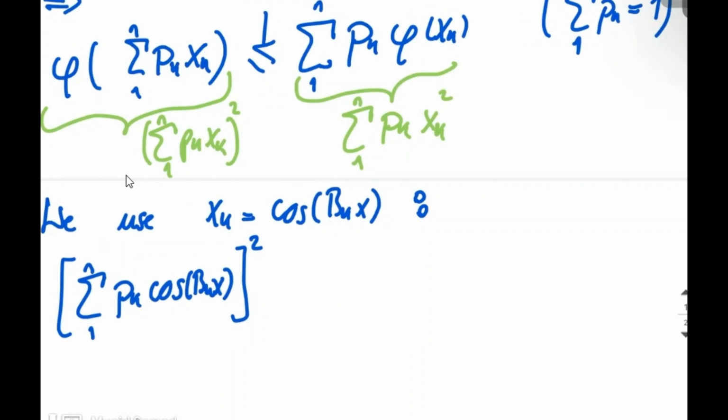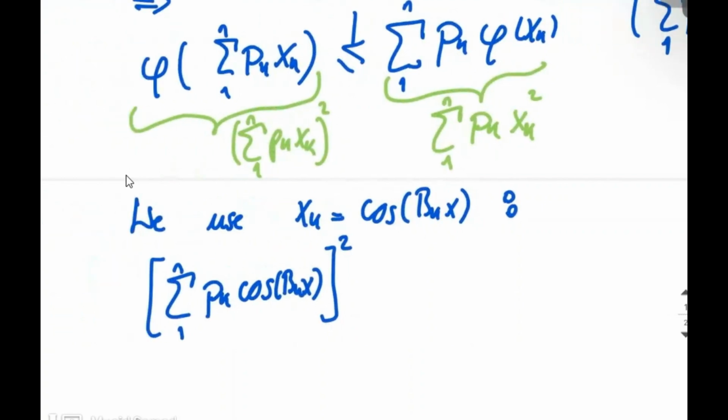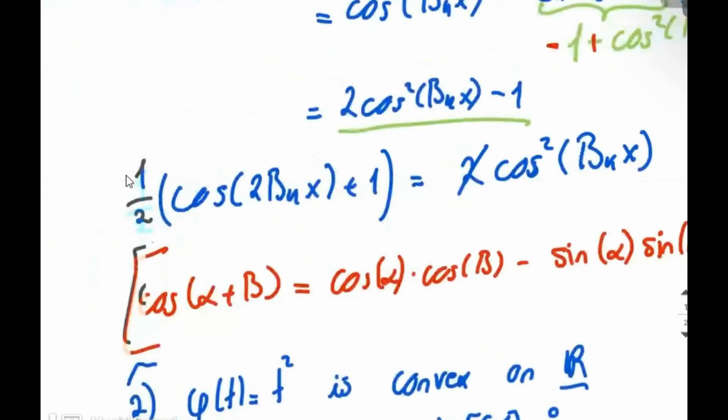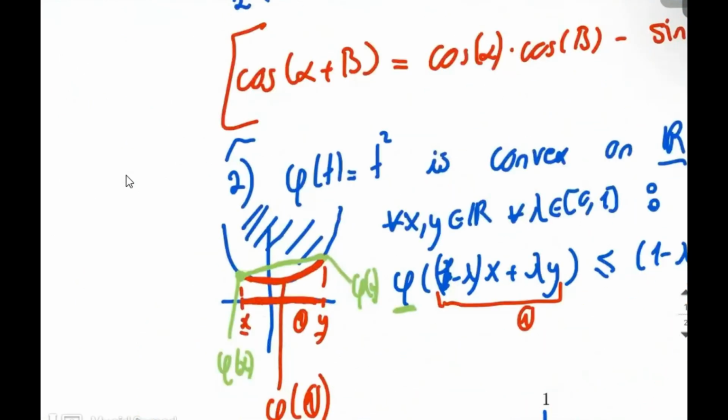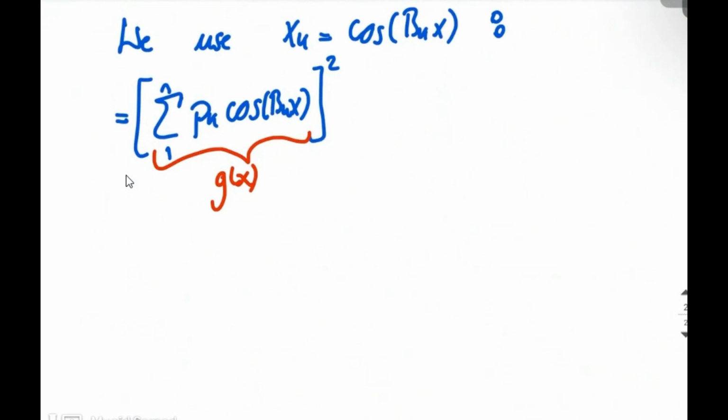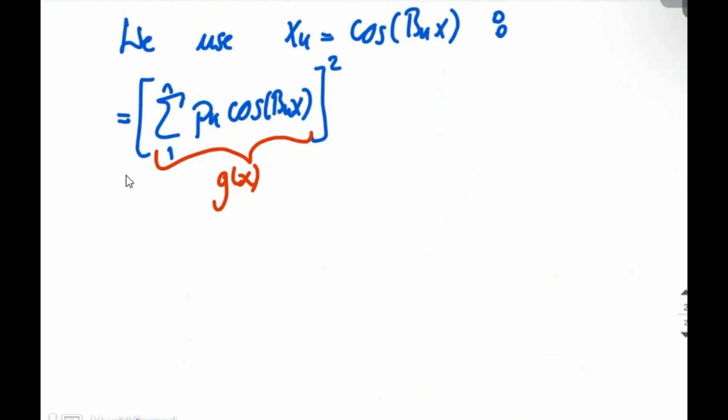Oh, actually, we forgot to mention something, which is that this thing here on the inside is g of x, if you can recall. That's exactly how we defined our g of x, which we want to prove the inequality for. Let's go back to our proof. So we have here g of x squared.